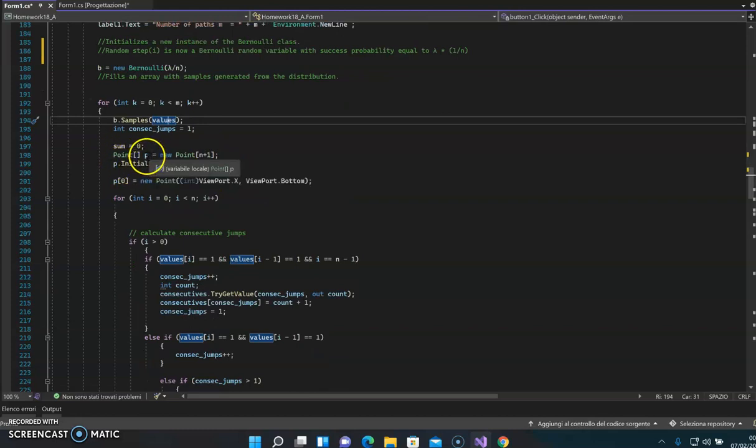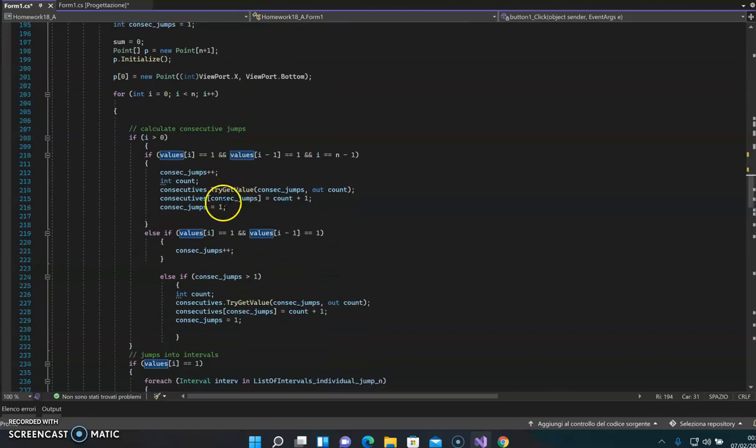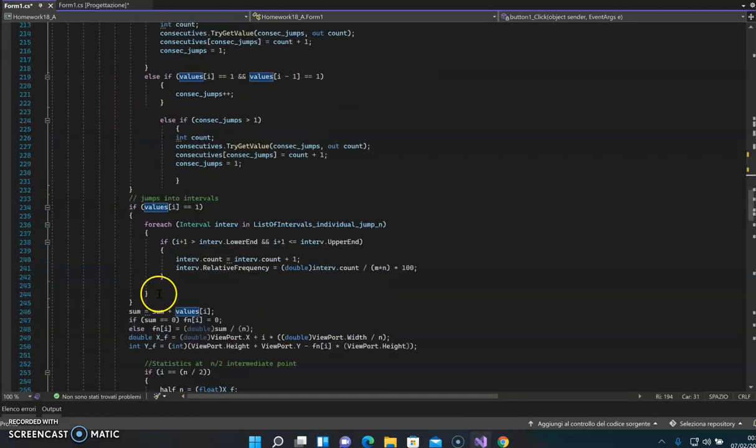After that, we can create some structures, such as points, that are useful to create the random walk of our distribution. First of all, we calculate the consecutive jumps with this part of code. Then we compute the jumps into intervals.